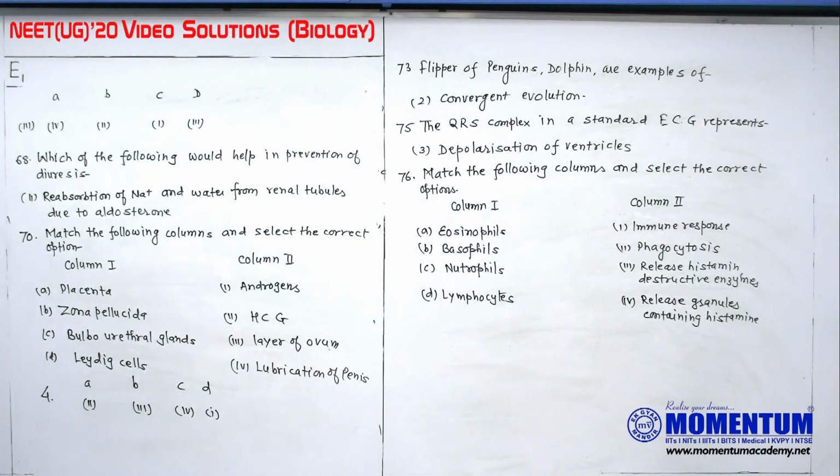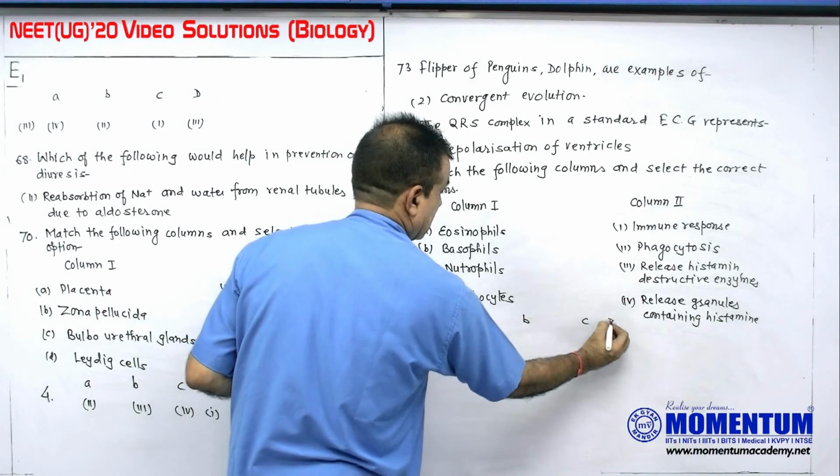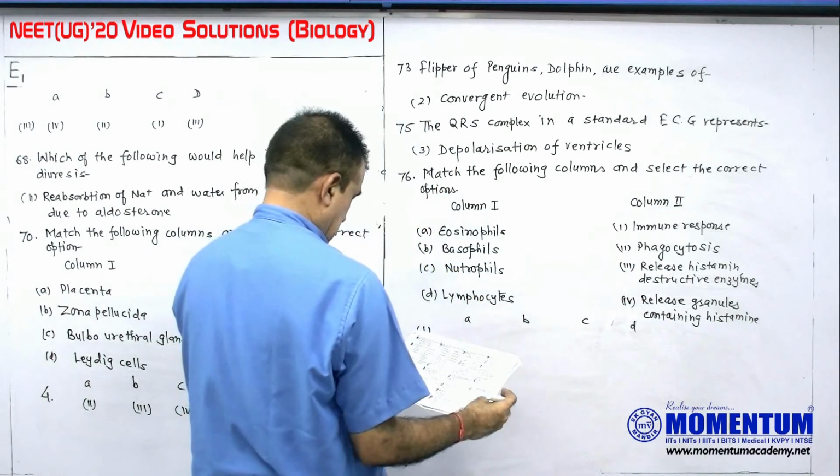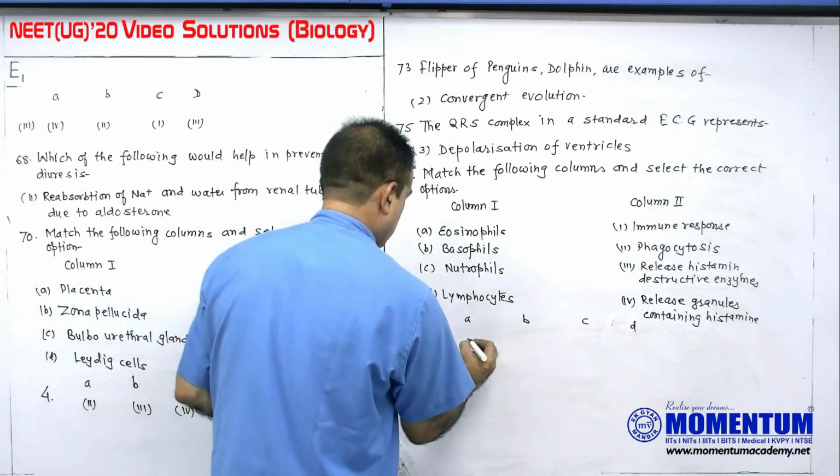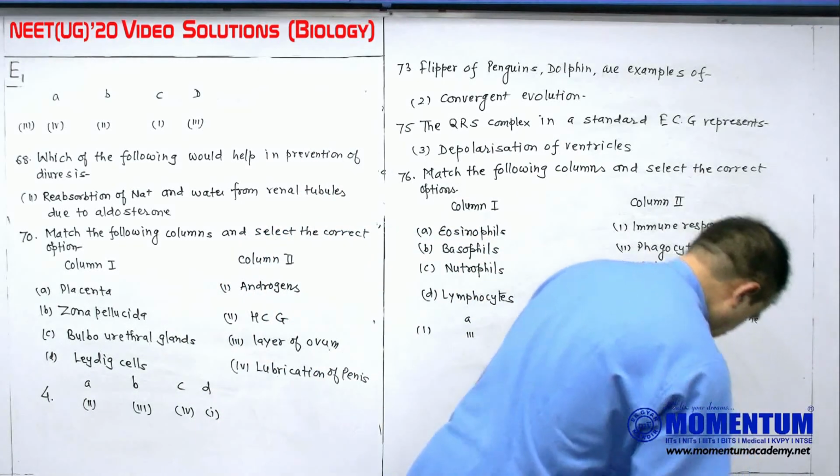Correct option is 1. A, B, C, D: 3, 4, 2, 1. That is the correct option.